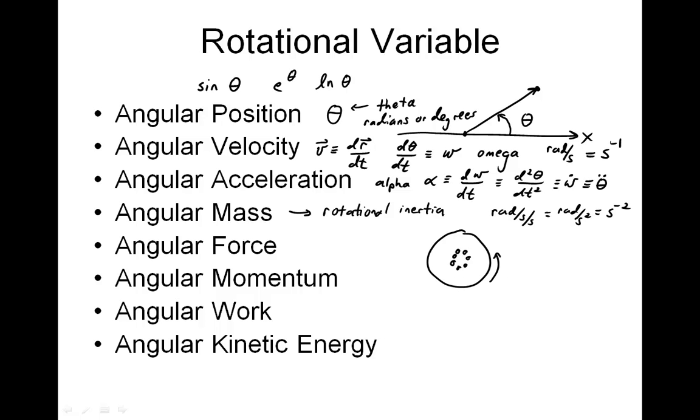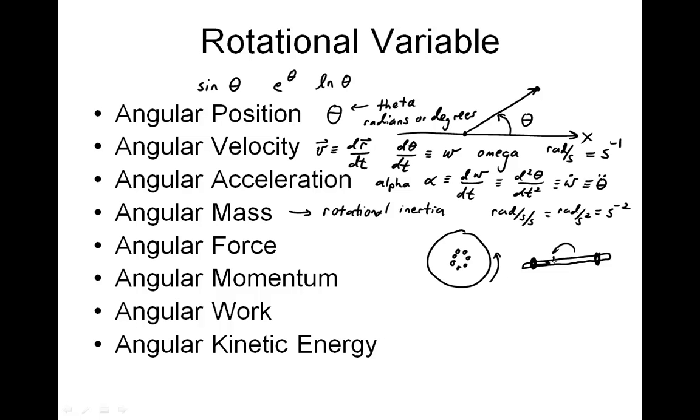And so angular mass, unlike regular mass, is not just a measure of its mass, it's also a matter of where the mass is positioned. And we're going to find when we talk about rotational inertia, there's going to be a positional difference between an object's rotational inertia and another object's. You can think also of an iron bar, and if I clamp some weights to the iron bar and you try to rotate it, it's going to be difficult when the weights are on the outside.